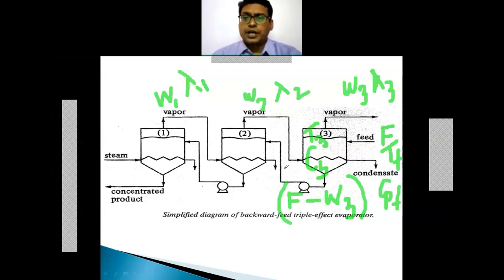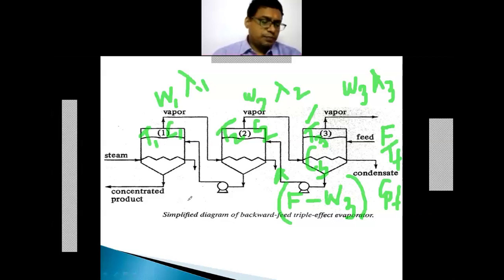So this much amount of the concentrated solution will be going into the second effect, which is at a temperature of T3. Similarly here the temperature T2 and concentration C2 will be there, and temperature T1 and concentration C1 will be there.